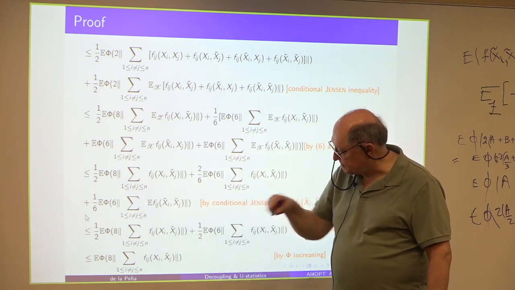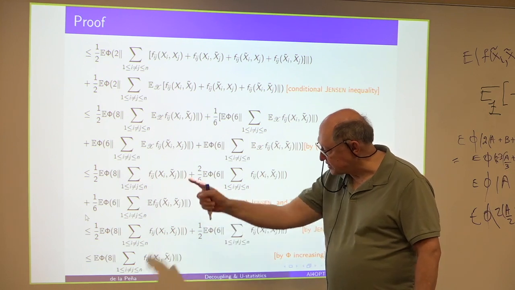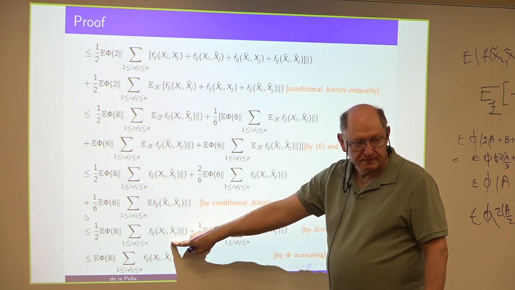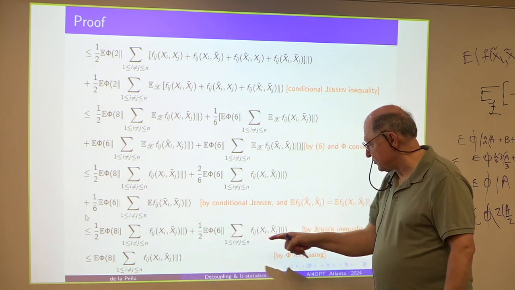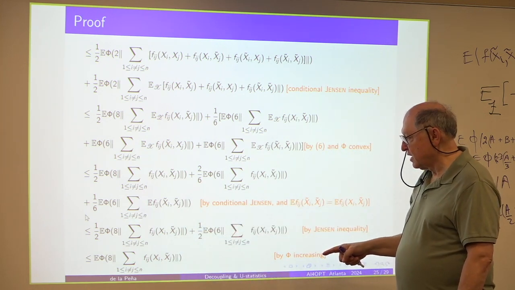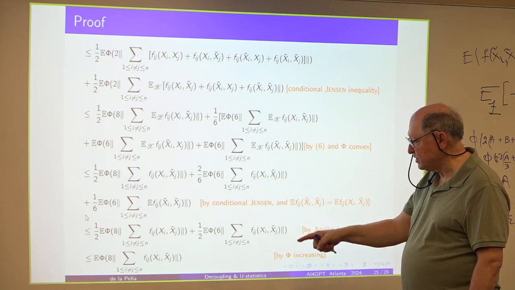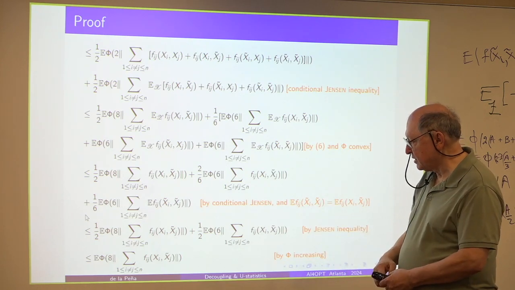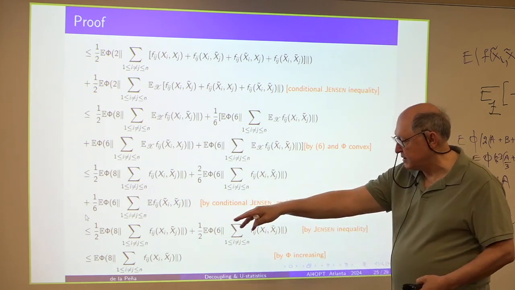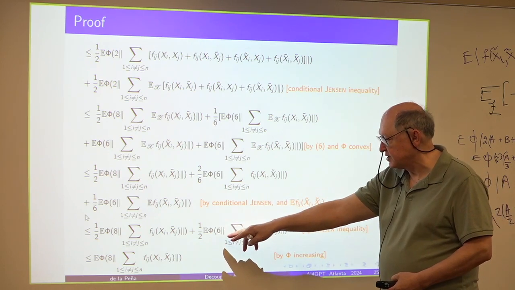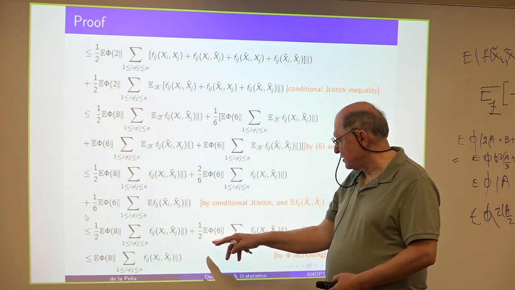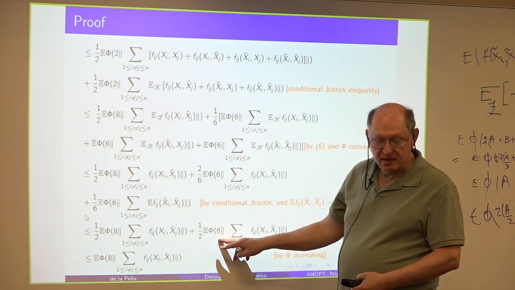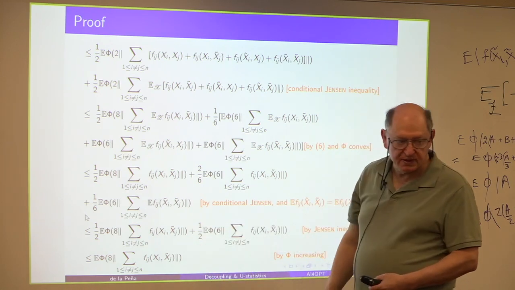So then I can use Jensen's inequality to come up with this. And then I have the other terms. Now, since the function is increasing, I can make this even bigger. You know, I can homogenize. I have 1/2 of this plus 1/2 of this. I can replace this by 8, and that becomes the expected phi of 8.